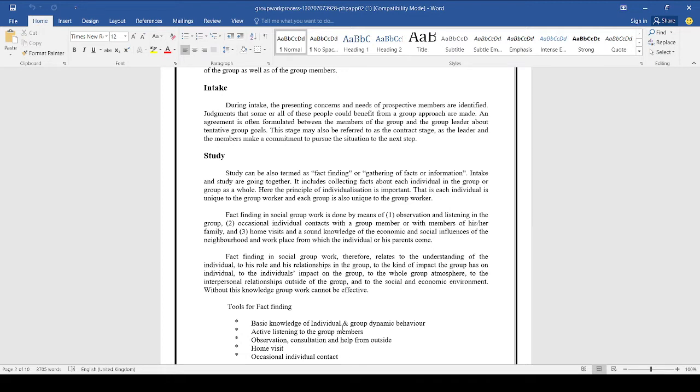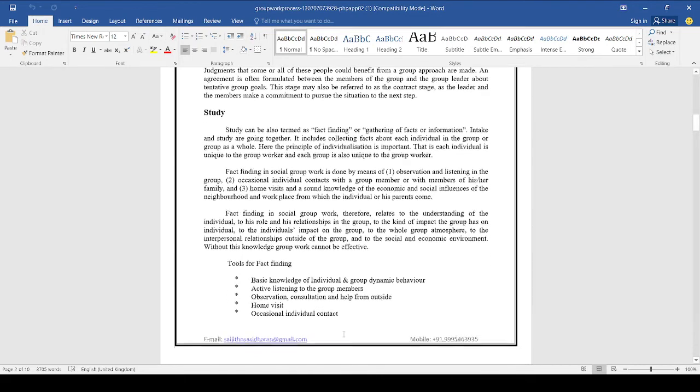We can use various tools for fact finding. We should have the basic knowledge of the individual and the dynamics. Already we have talked about group dynamics and group behavior in the previous classes. We can use the tool of active listening to the group members, keen observation of each group member, and consultation and help from outside.